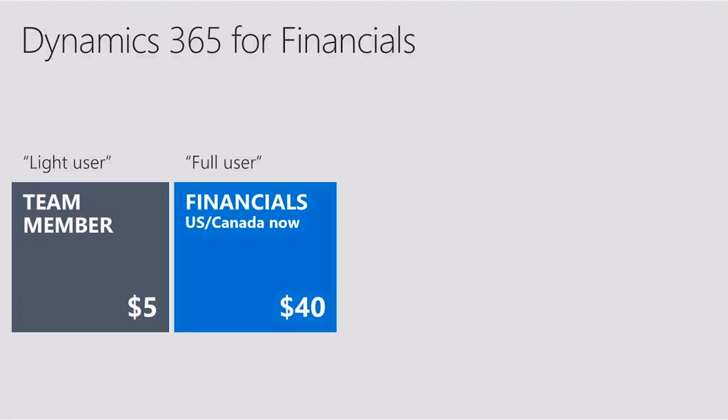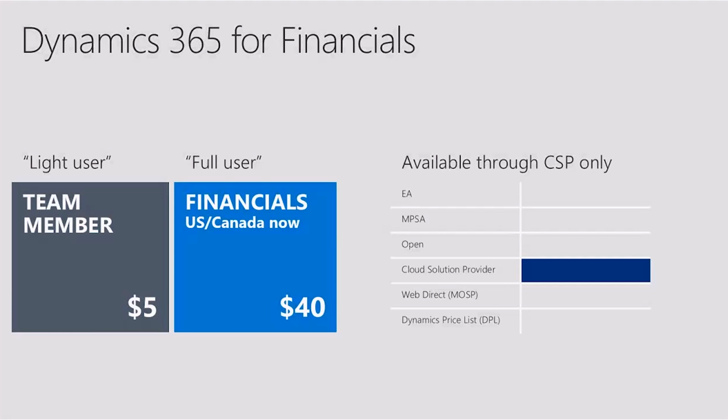So pricing, of course, that's on everybody's mind. Basically, we have two types of users. We have a team member that costs €5 per month per user, and we have a full user at the $40 price range.